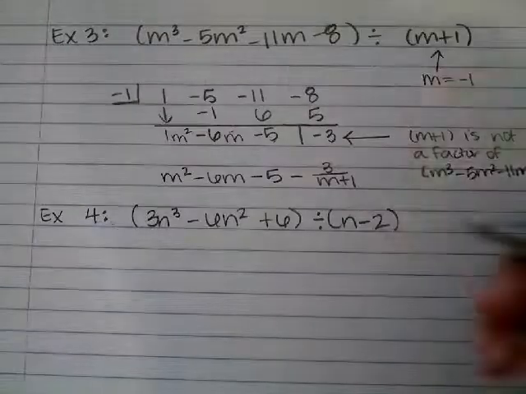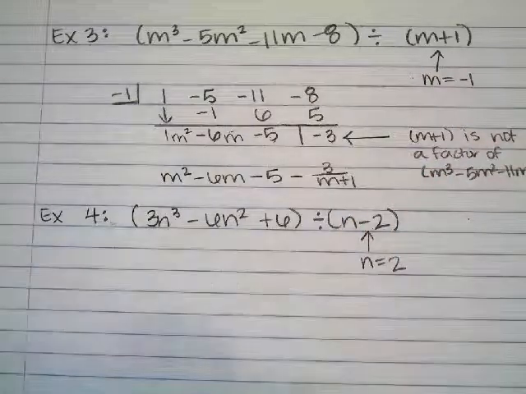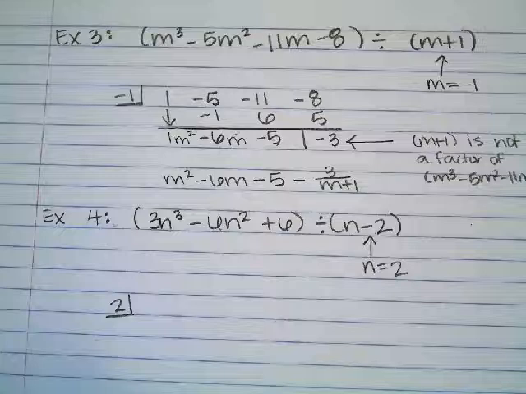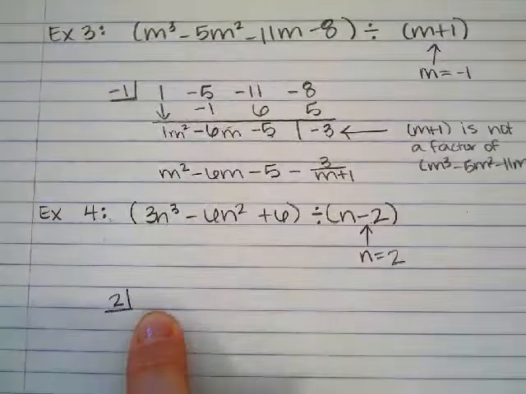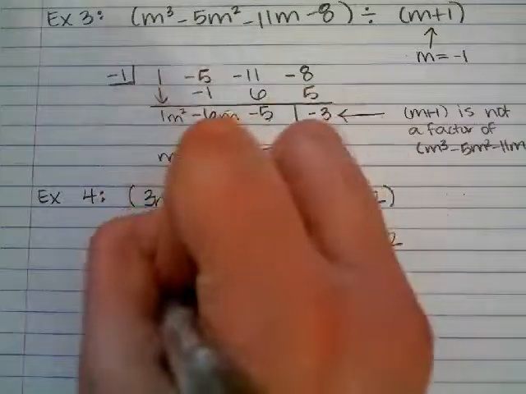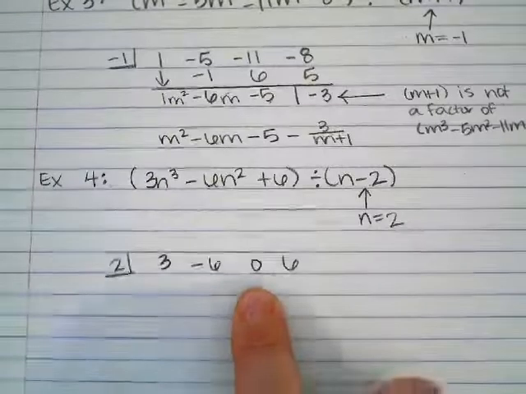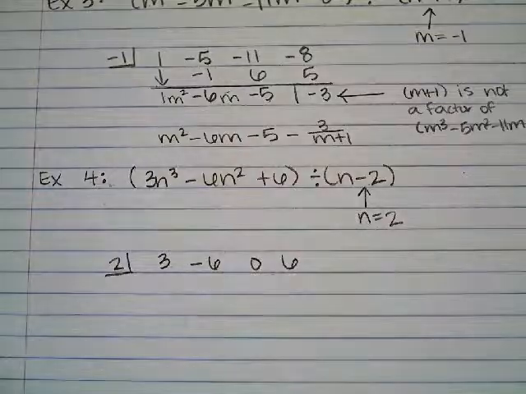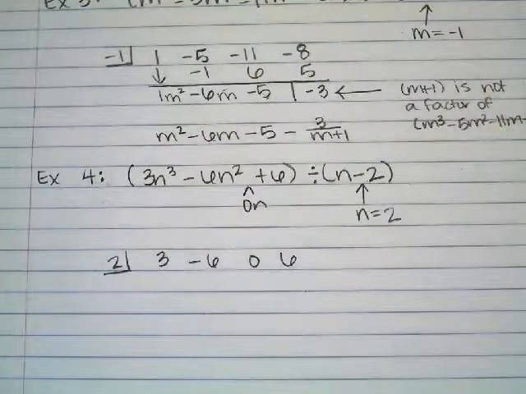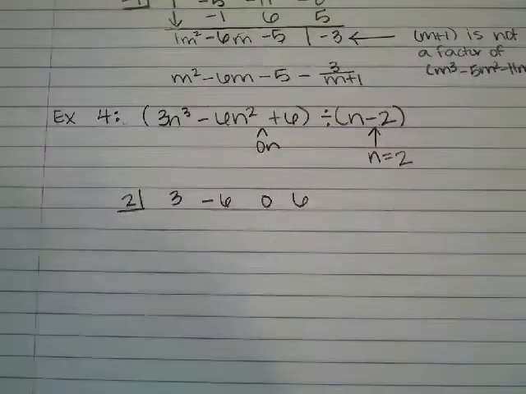N equals 2. Okay, so we're going to put a 2 in the box. And then what do we write? Very good. So why did we have to put the 0 there? Yeah, there was no plain n term, so we have to put a 0n in there.